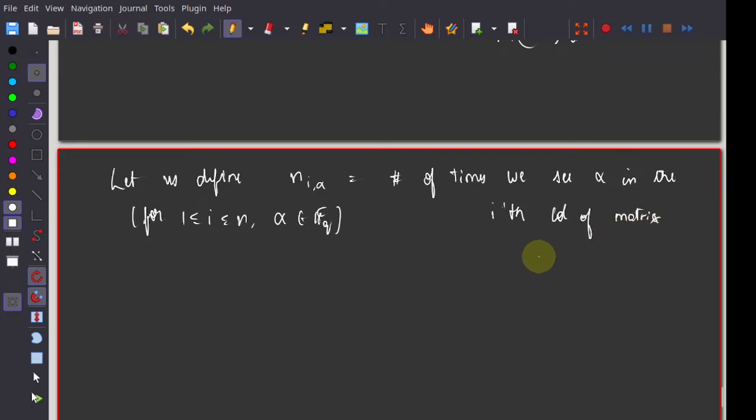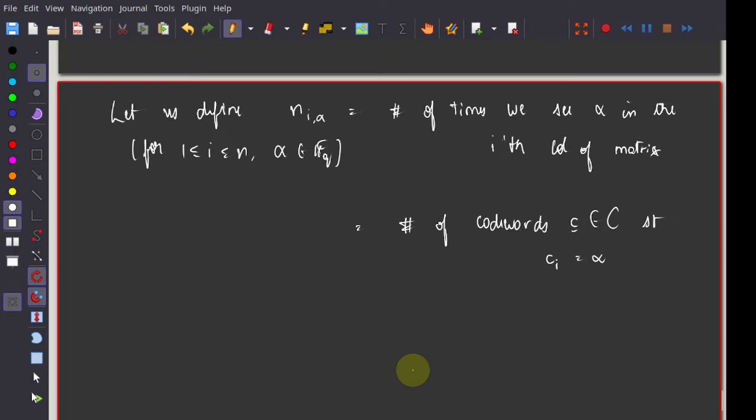So in other words, I look at the ith coordinate of all the code words and I count how many code words have the ith coordinate equal to alpha. That is also equal to the number of code words c in the code book for which the ith coordinate is equal to alpha.